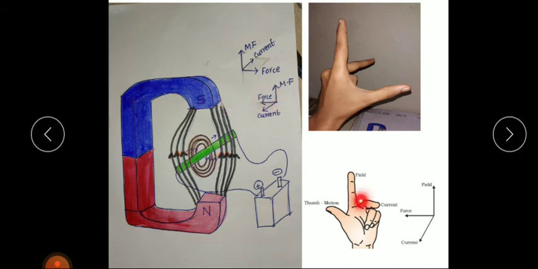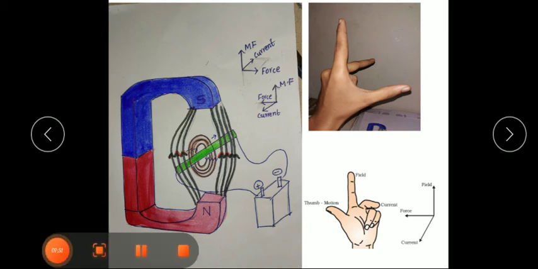So here you can see the forefinger indicates the direction of the magnetic field, the middle finger indicates the direction of current, so that the thumb will indicate the direction of force. So this copper wire experiences an inward force. Based on this, we can predict in which direction this copper wire moves.